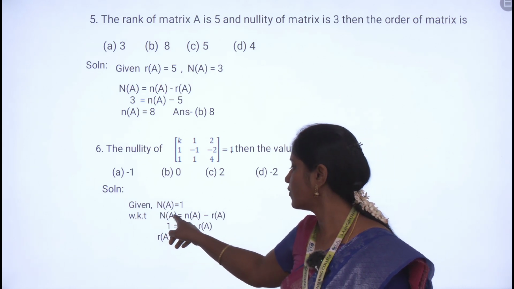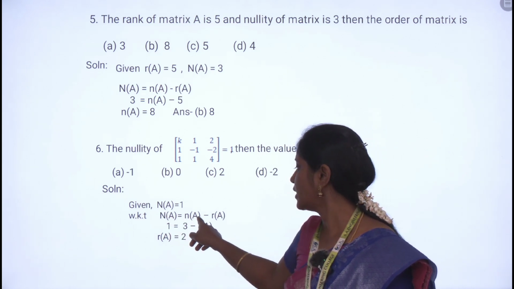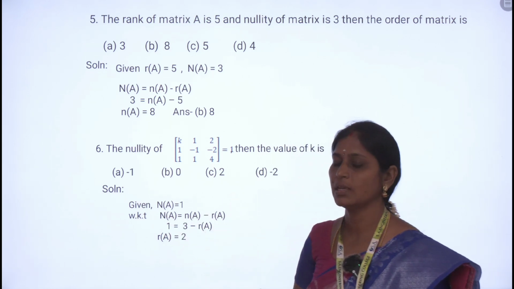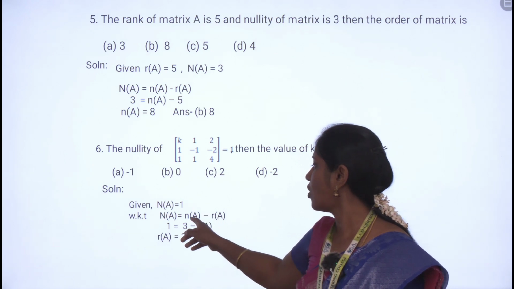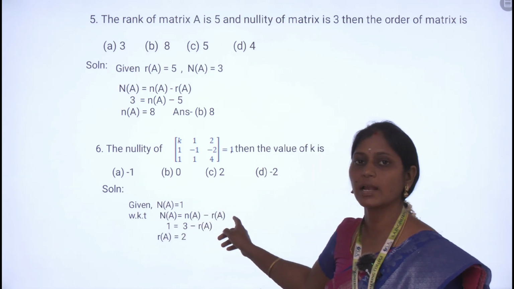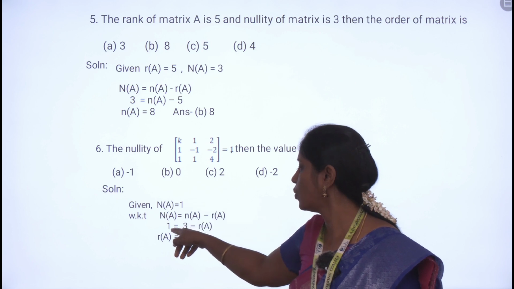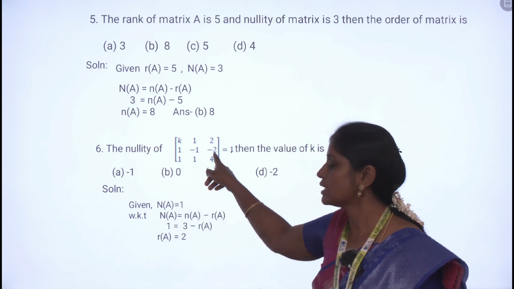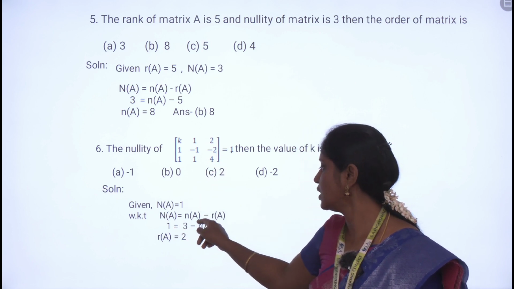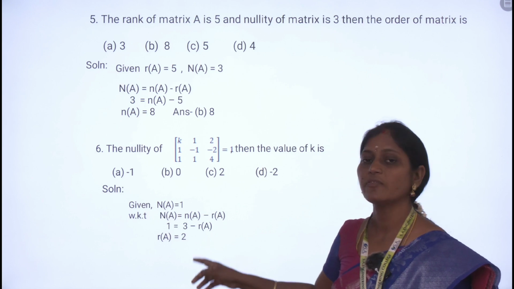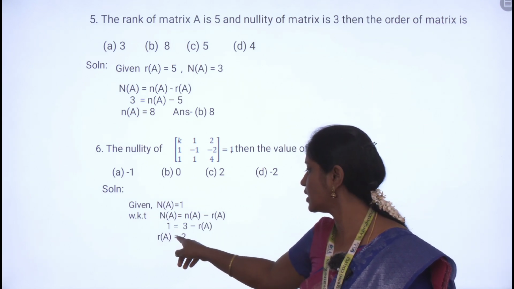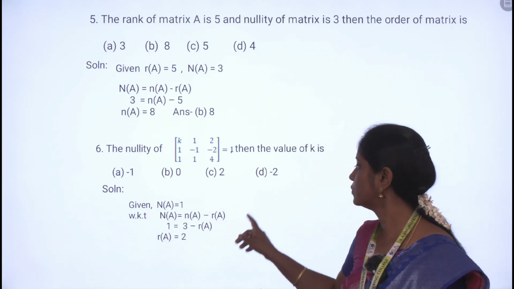We know that N of A equal to small n of A minus R of A, that is the order of the matrix minus rank of the matrix. The nullity is 1, equal to, it's a 3 cross 3 matrix, so 3 minus R of A. From this, the rank of the matrix A equal to 2.